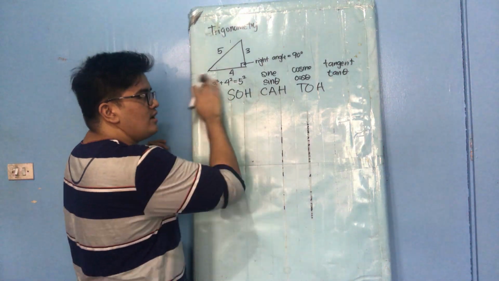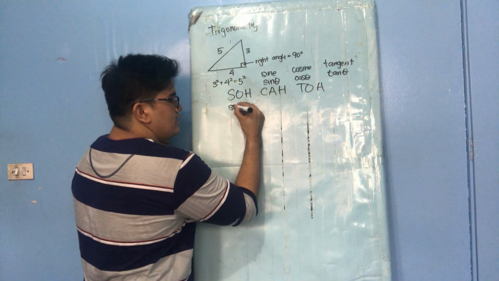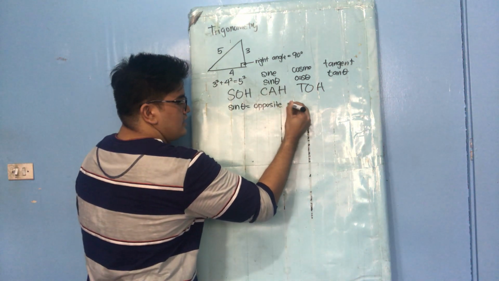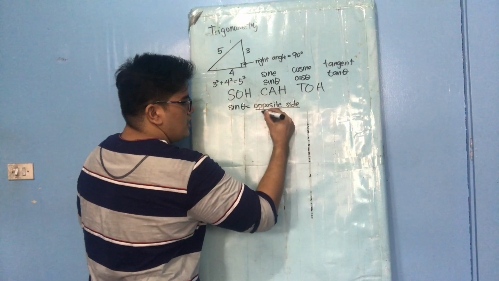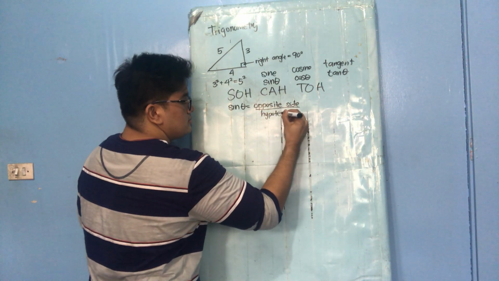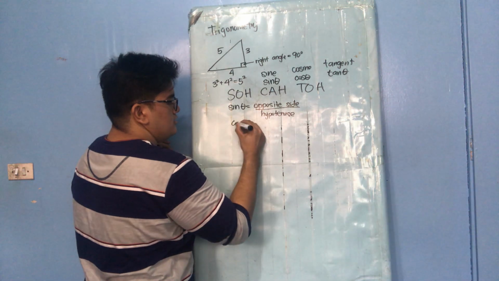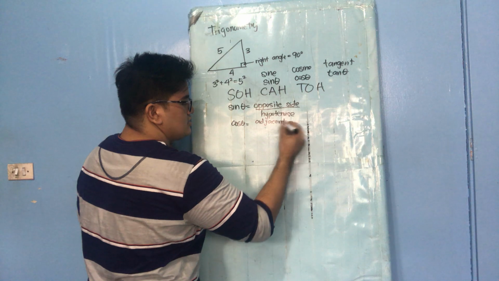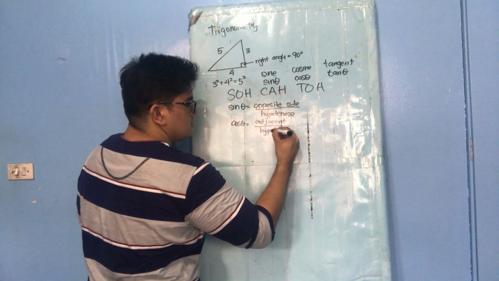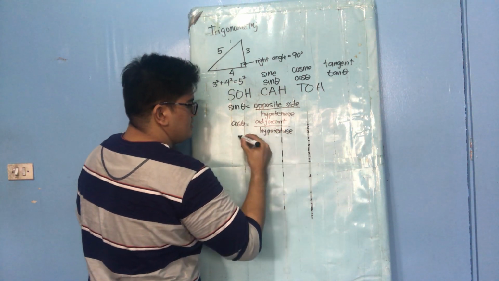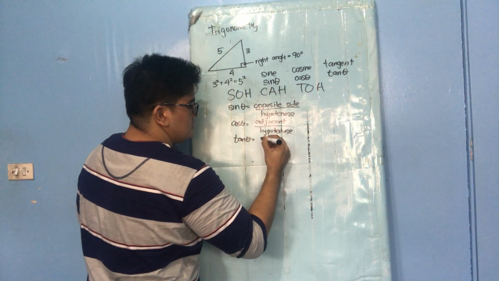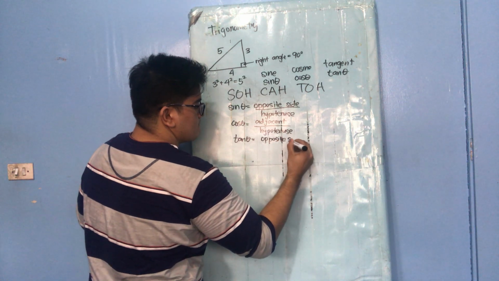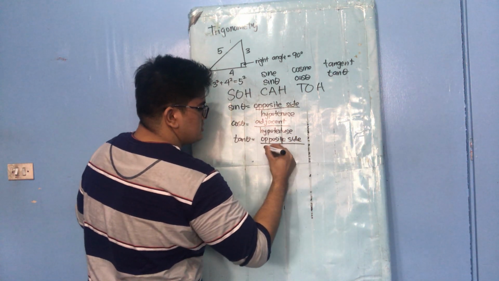SOHCAHTOA means for any angle found inside the right triangle, we write sine of theta is equal to the opposite side over hypotenuse, and the cosine of theta is equal to the adjacent over hypotenuse, and the tangent theta is equal to the opposite side over adjacent.